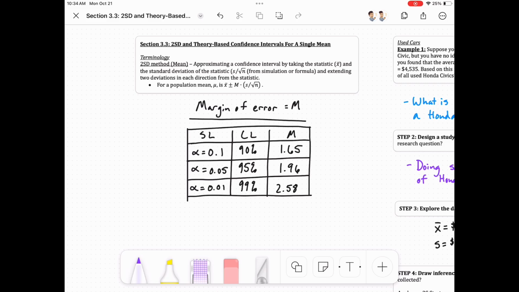Today's lesson, section 3.3, we're going to talk about two standard deviation and the theory-based confidence intervals for a single mean.